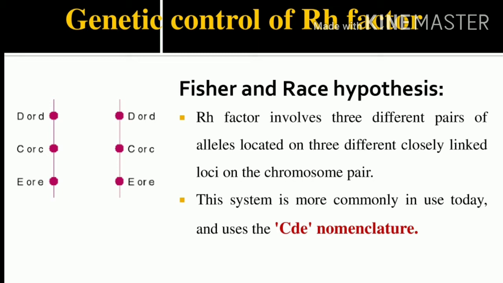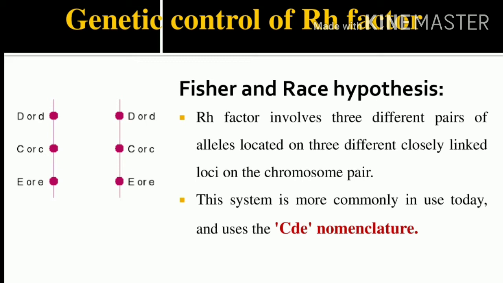The Rh factor involves three important pairs of alleles. These are located on three different closely linked loci on the chromosome pair. What are the three pairs of alleles?